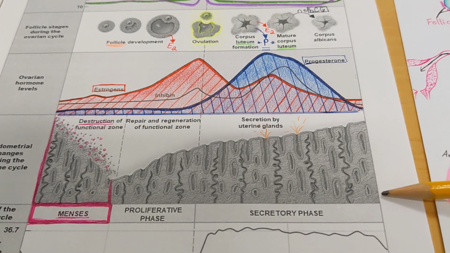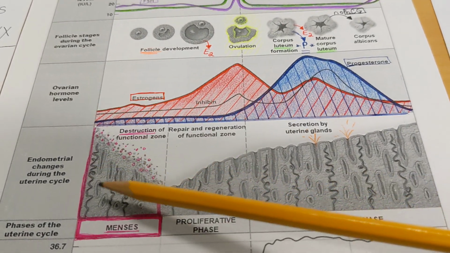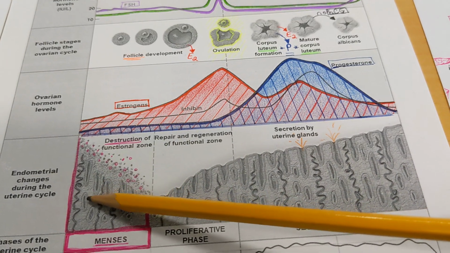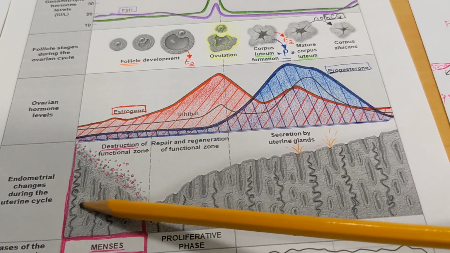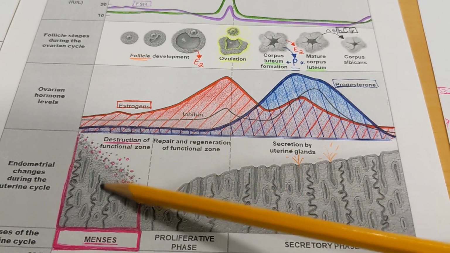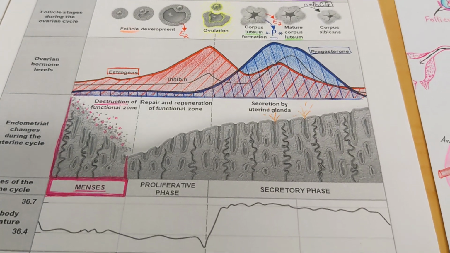And so by day 14 after ovulation, always day 14, the endometrium is going to start to degrade. Spiral arteries kink and spasm, glands start to recede, and the blood flow from these arteries is going to slough off tissue that is degrading in the absence of progesterone.